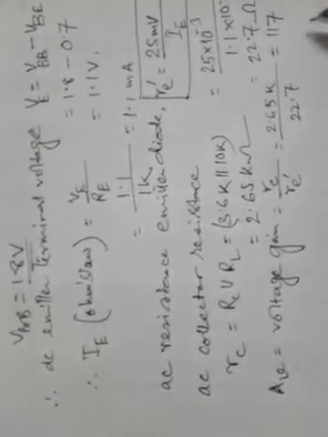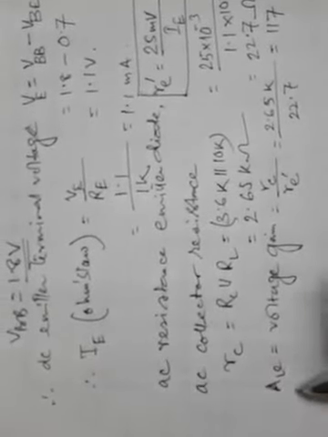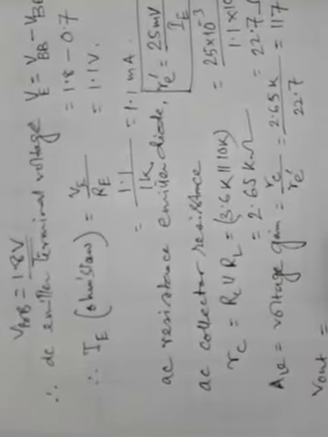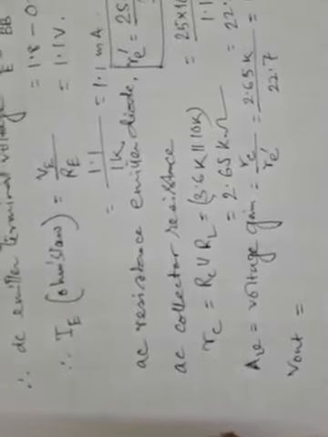So this is our voltage gain for this given circuit, and the output voltage Vout we need to calculate is, by the formula I have discussed in some earlier lectures, voltage gain AV into input voltage Vin, because the voltage gain is voltage out by voltage in.